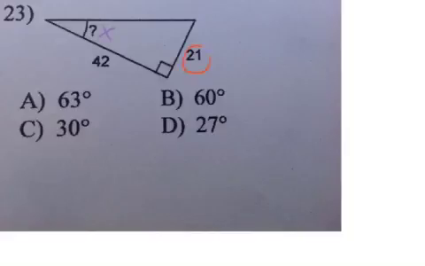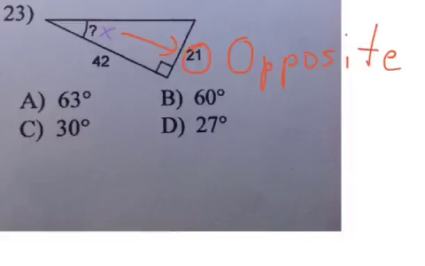This 21 over here, for instance, notice, is across from x. It's on the opposite side of x. So that's what we call the opposite side. The 42, notice, is right next to x. That's what we mean by the adjacent side. A for adjacent.